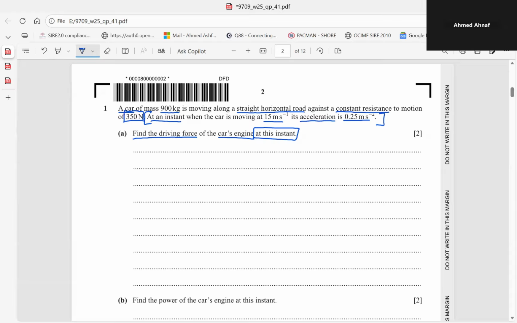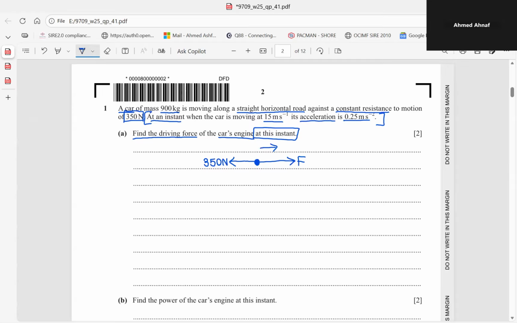Okay, so to do this question, let's first draw a diagram. Let's say our car is moving here, right? So the driving force, I'm going to call it F, is obviously in this direction, and the resistive force is opposite to it, so 350 newtons.